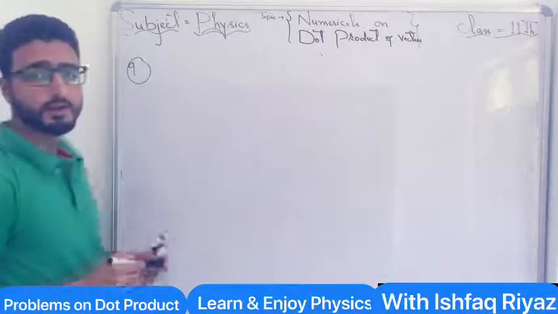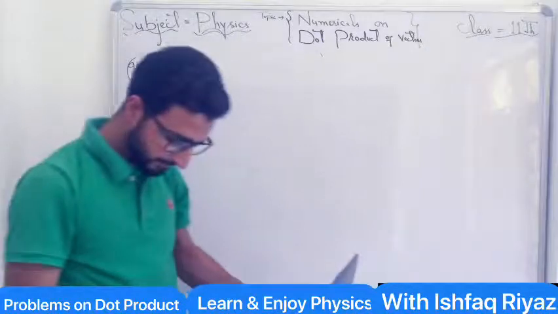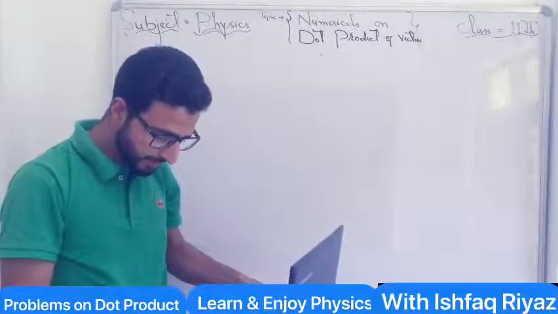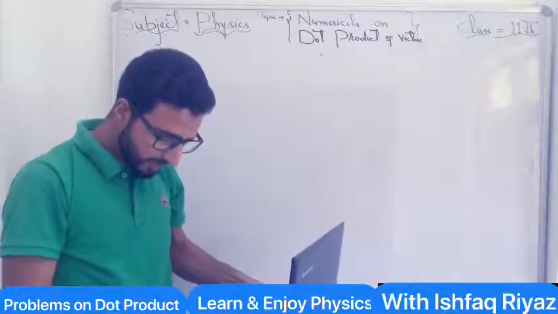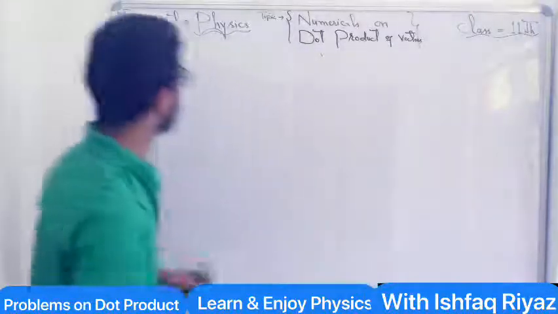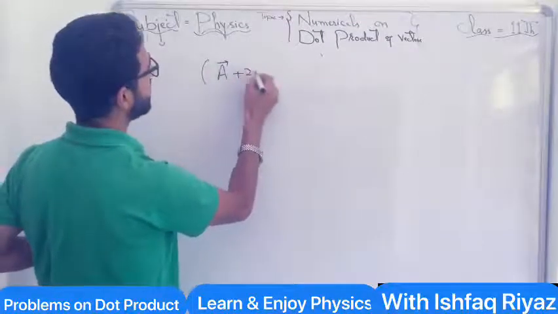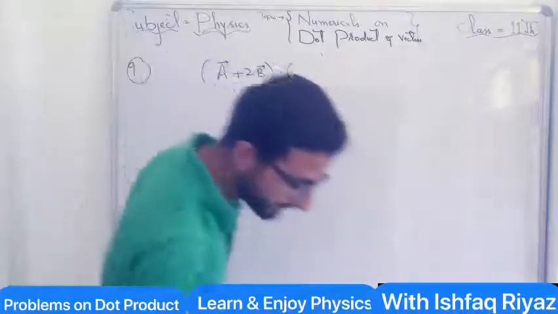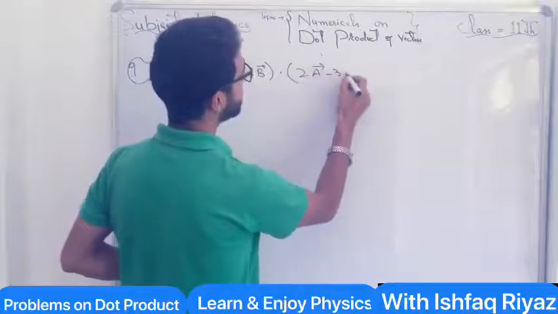One more question regarding the dot product of the vectors is, prove that vector A plus 2b dot of 2a minus 3b is equal to 2a square plus ab cos theta minus 6b square. Let me write the question here. We have to prove that this is vector A plus 2 times vector B, dot, this is 2a minus 3b.